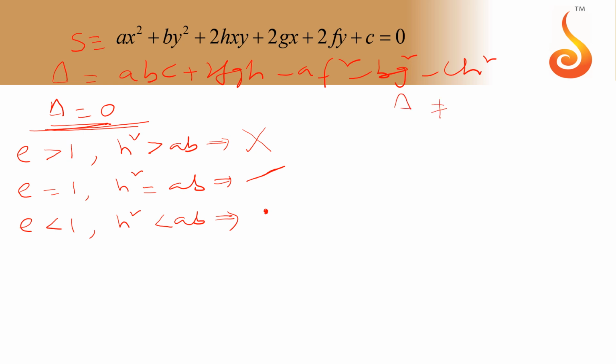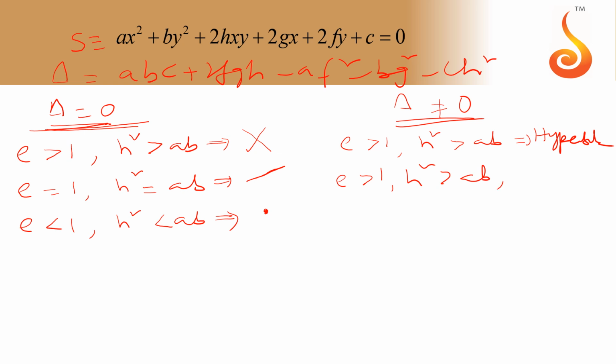Now suppose delta not equal to 0, it is a non-degenerate conic. In this, if e is greater than 1, h square greater than ab, you know that this will be a hyperbola. E greater than 1, h square greater than ab, and a plus b equal to 0, it is a rectangular hyperbola.